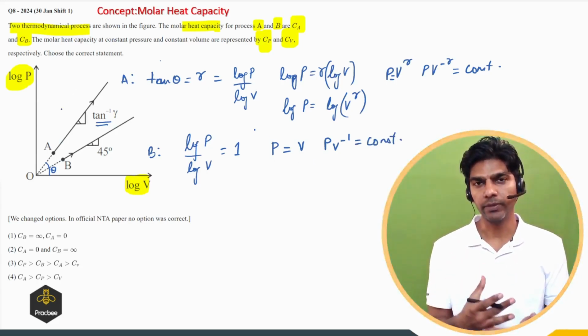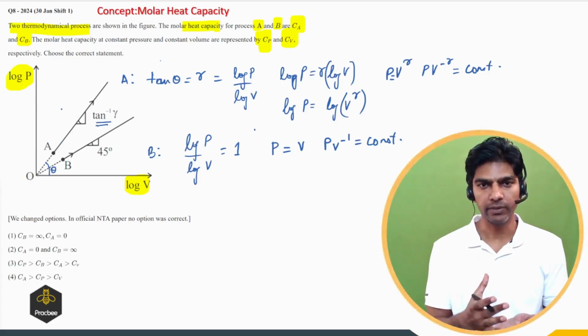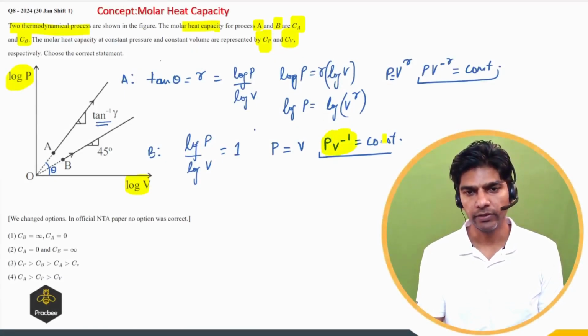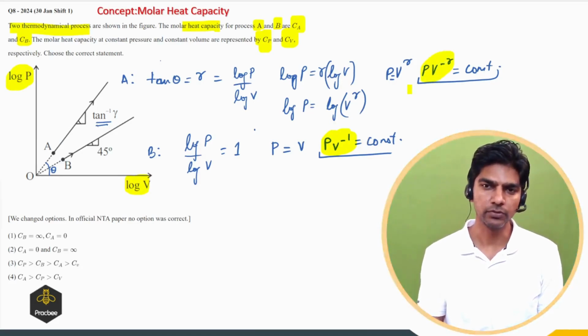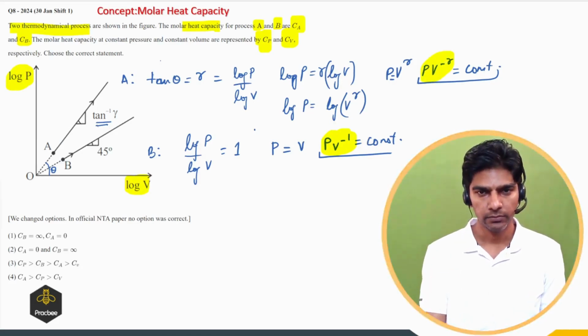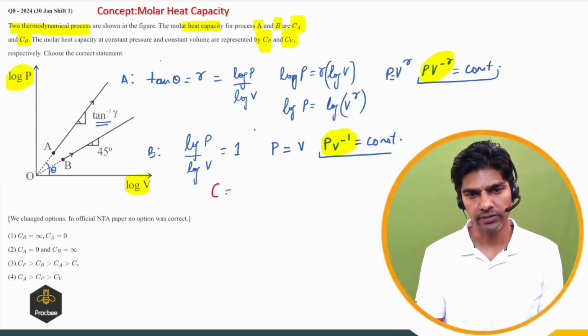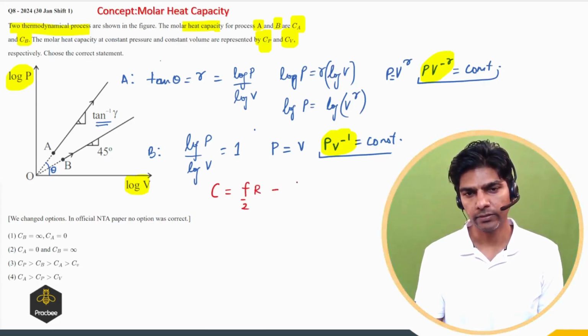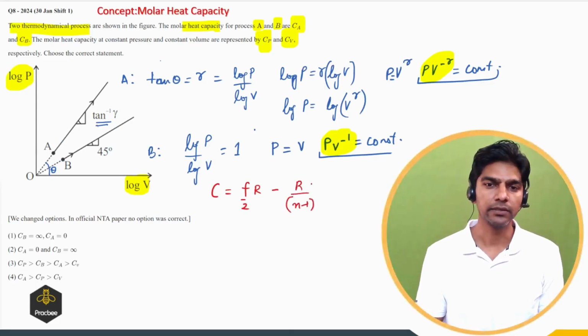Now we have to compare Ca, Cb, Cp and Cv. Both processes, P V raised to power minus 1 is constant and P V raised to power minus gamma is constant, are polytropic processes. In a polytropic process, molar heat capacity is given as f by 2 times R, which is nothing but Cv minus R upon n minus 1, where n is this power.